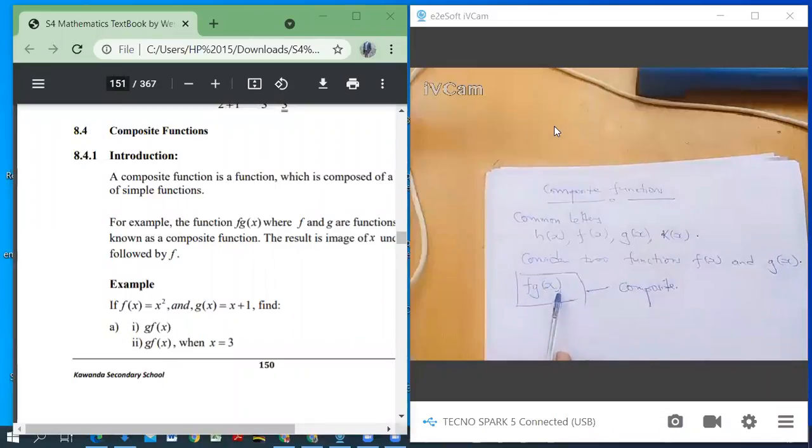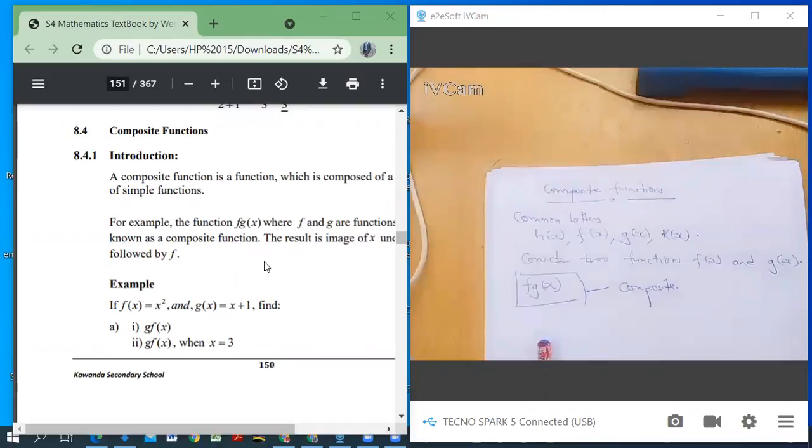Now when you look at it in the notes, the function fg of x, we read it as fg of x or fg mapping x, where f and g are functions known as the combined ones. When we combine them together, it is called a composite function.